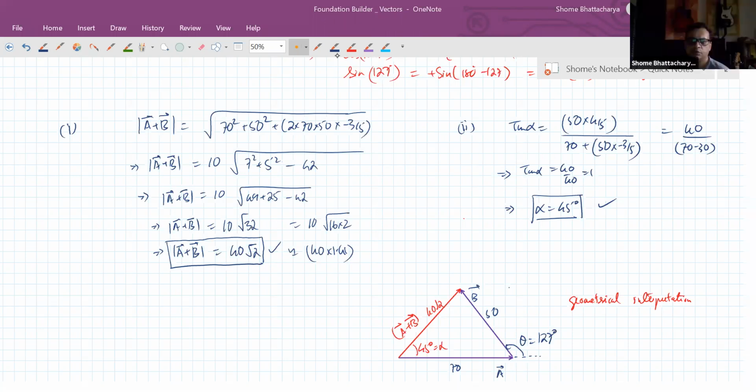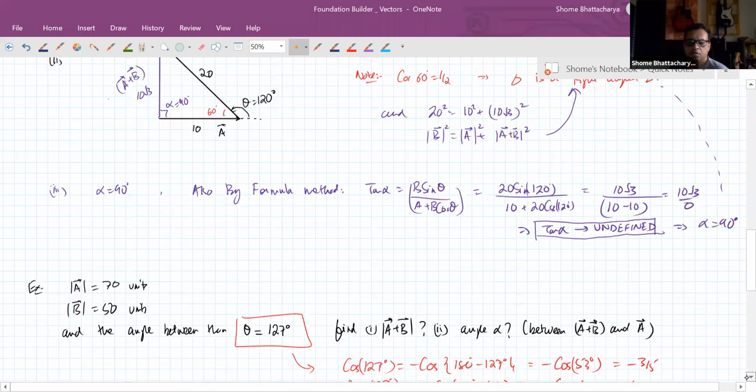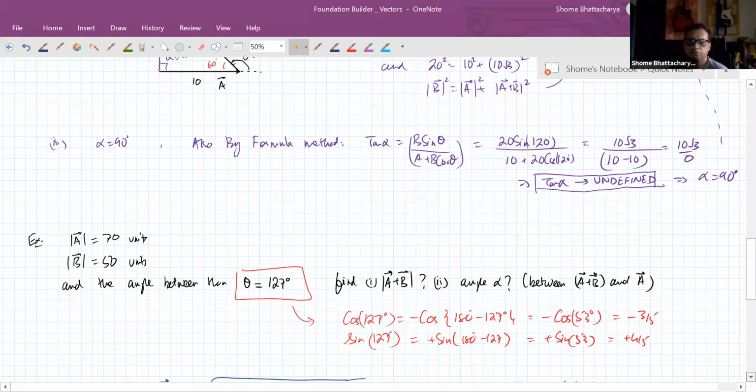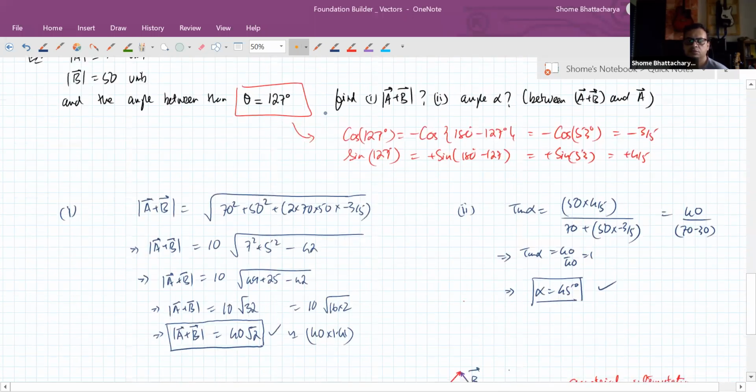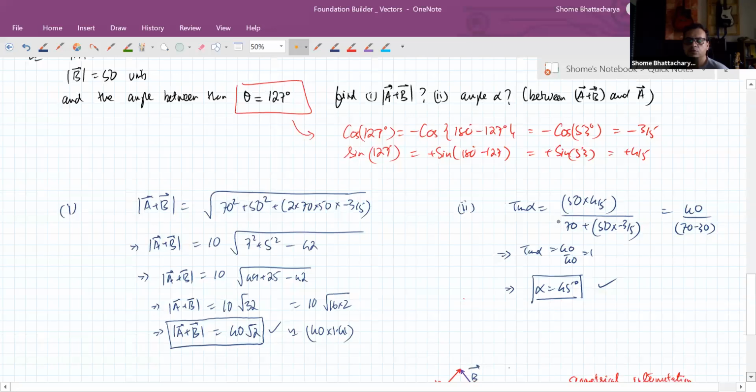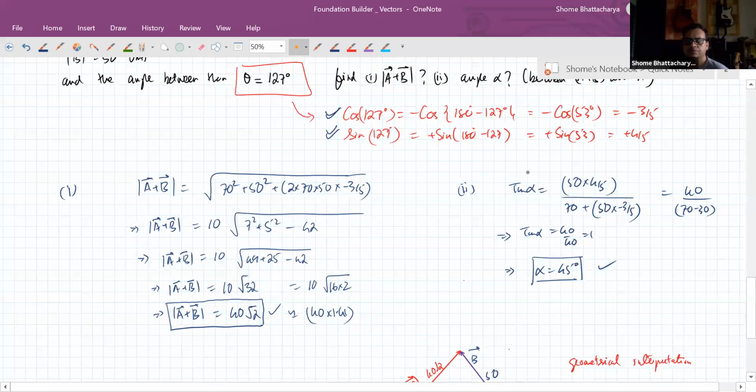Hope it is clear how we have applied all the required formulas. The important thing here was again the application of the formulas of trigonometric ratios cos and sine for obtuse angles. These ones that I have written over here were both equally important because they are applied in the tan alpha formula and also in the magnitude of A plus B formula.